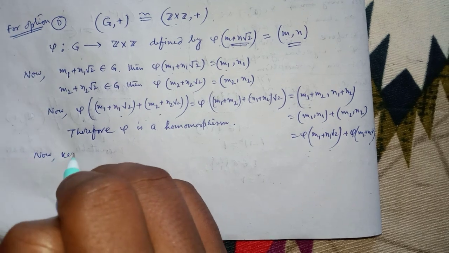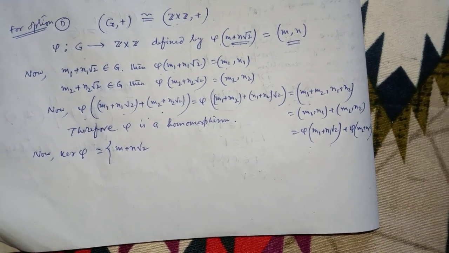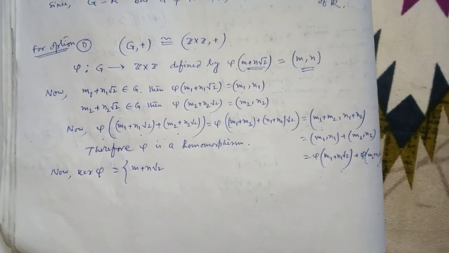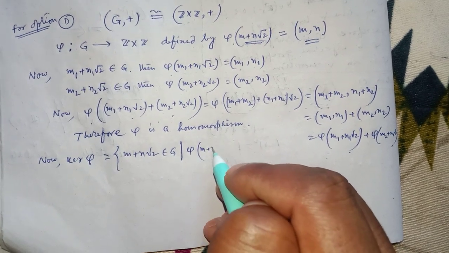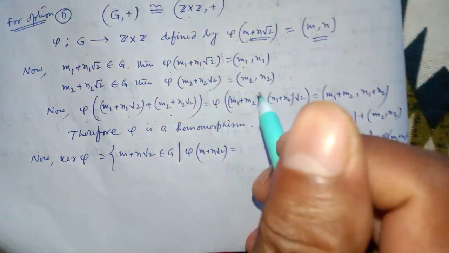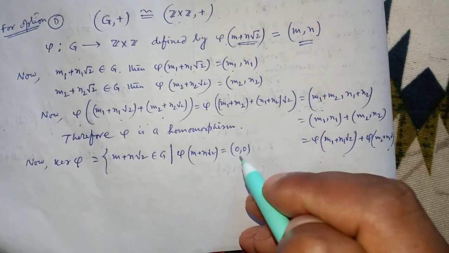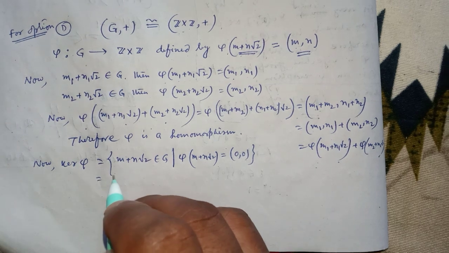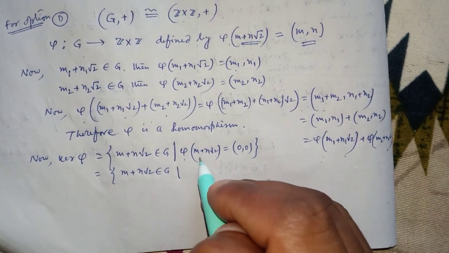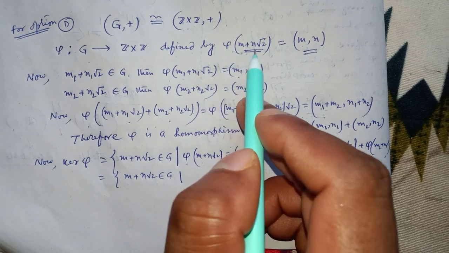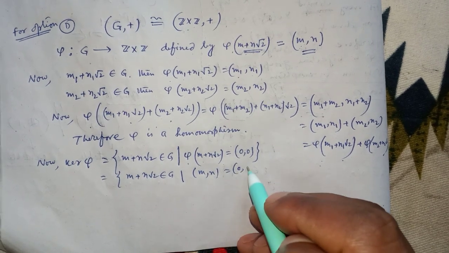Now the kernel of phi is equal to the set of m plus n root 2 belonging to G such that phi of m plus n root 2 is equal to the identity element of the group Z cross Z under addition, that is 0 comma 0. So phi of m plus n root 2 is equal to m comma n is equal to 0 comma 0.